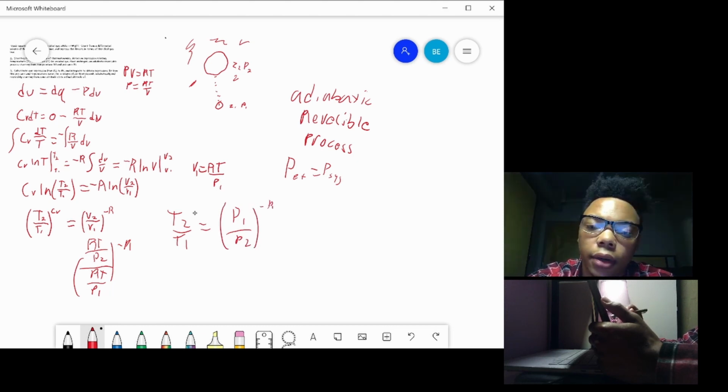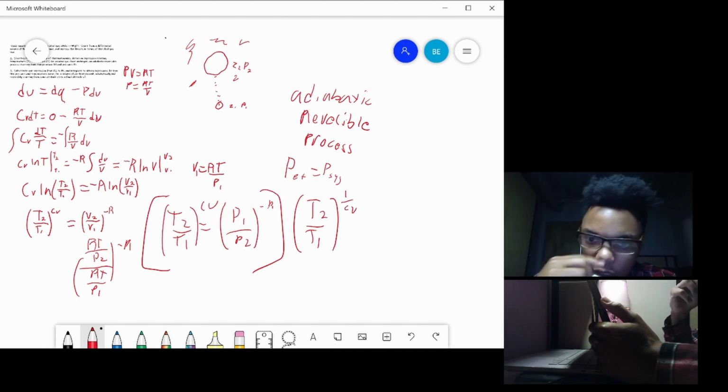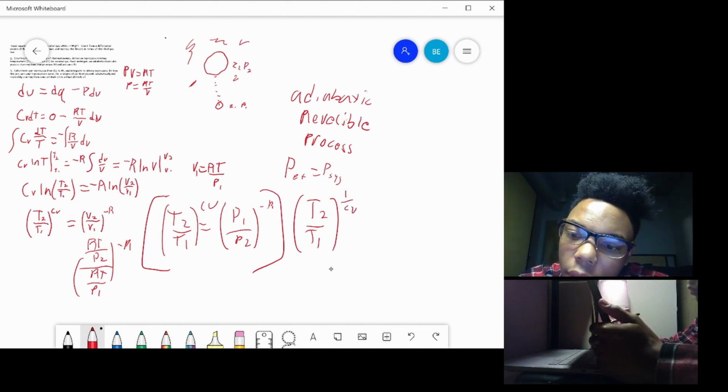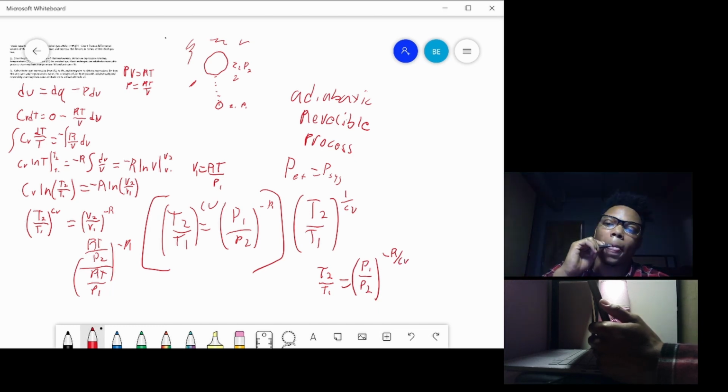to the R. And we still have this as CV, so we're going to multiply everything by T2 over T1 to the 1 over CV. That is going to give us T2 over T1 equals P1 over P2 of negative R over CV.